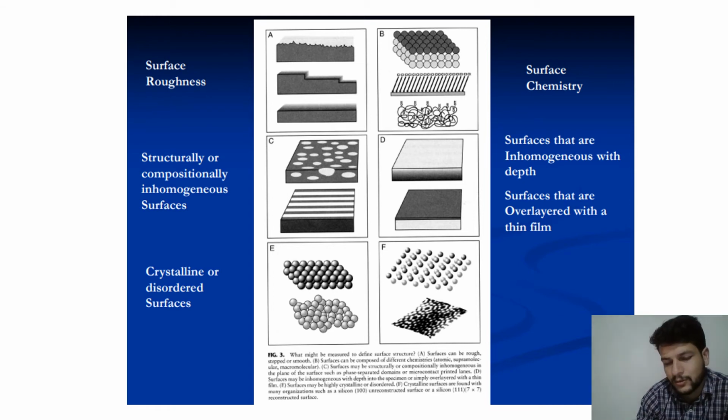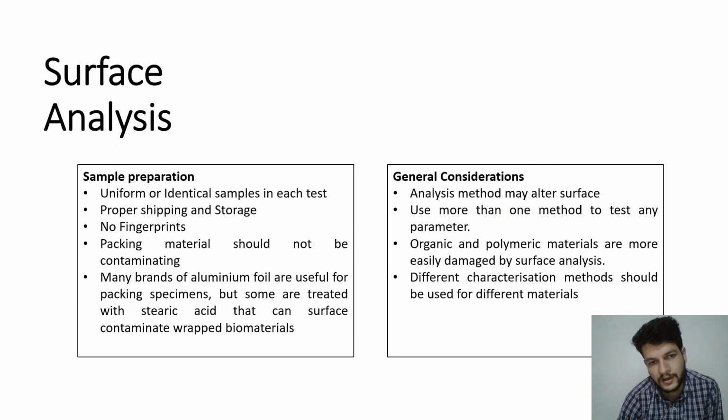So overall, studying these parameters of the surface is very important to know their interaction with the physiological system. And the more parameters we study, the better we can determine the properties or interaction of these materials in the physiological system. As I said, surfaces are highly contaminated, or very prone to contamination, because they are in close contact with the environment.